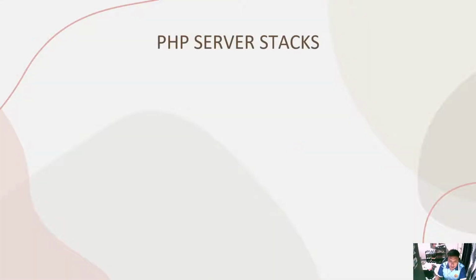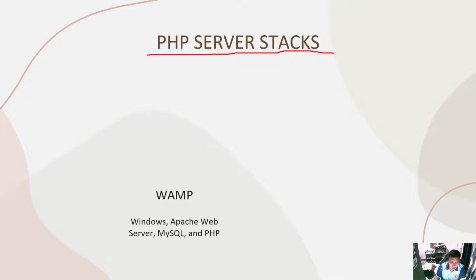We are going to convert your local machine into web developer software. Since we are using the PHP language, the keyword is PHP server stacks. These are the available PHP server stacks in the market. We have WAMP, the abbreviation of Windows, Apache, MySQL, and PHP. Apache is the server for PHP, and MySQL is the server for SQL.